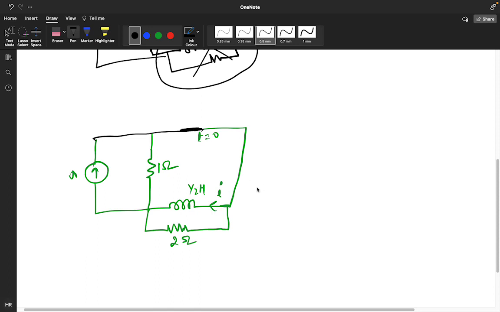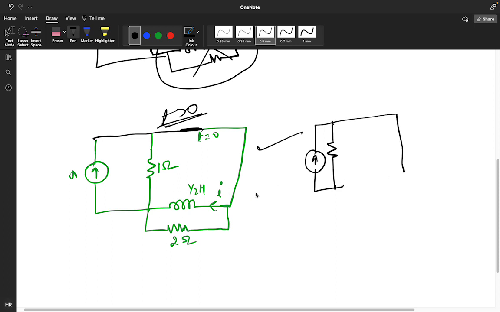At infinite amount of time, after t greater than 0, when the switch is closed, what will happen? My inductor will be short circuited. j omega L, frequency is 0, so it will be short circuited.